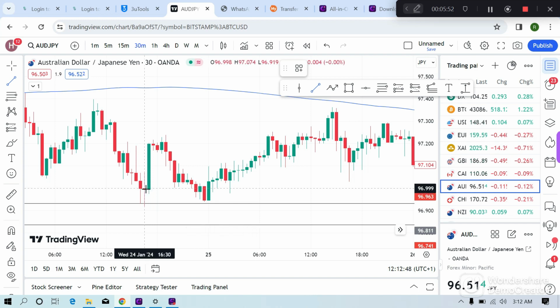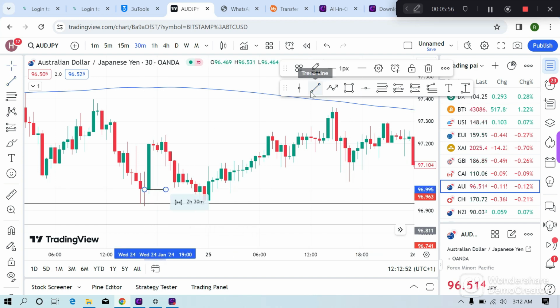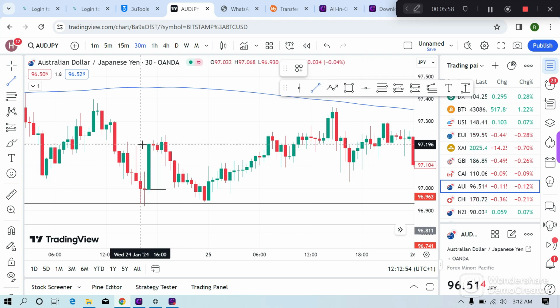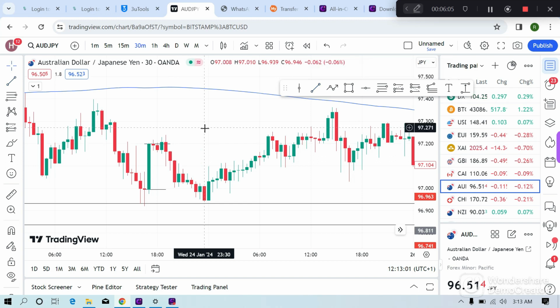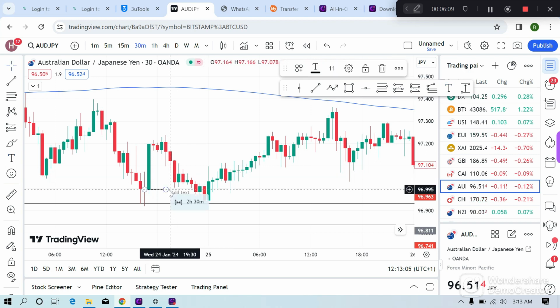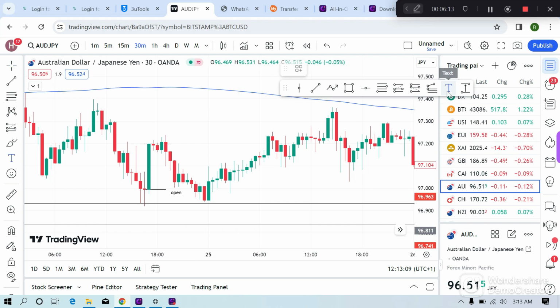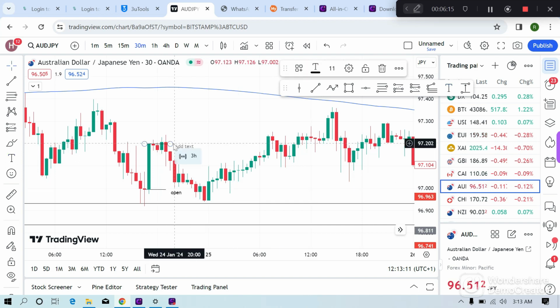It opened just right here. Remember the information I gave on the bearish candlestick: it has to close below its open. Vice versa for the bullish candlestick: it has to close above its open. So we have the candlestick opening here, as well as closing above it.